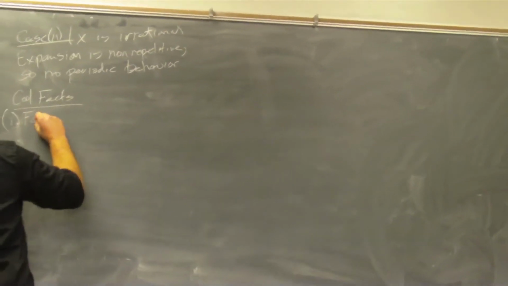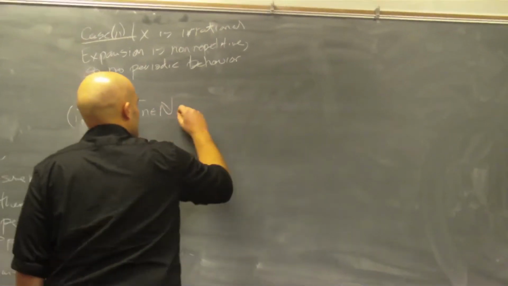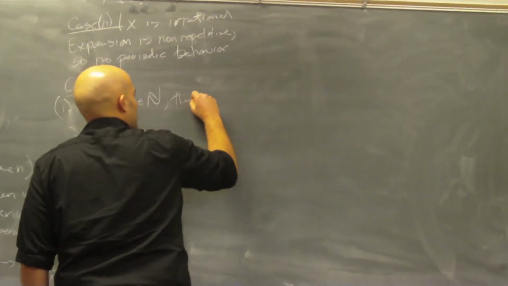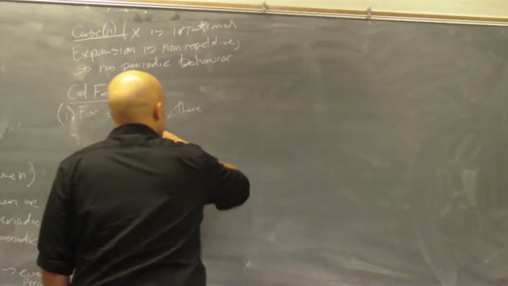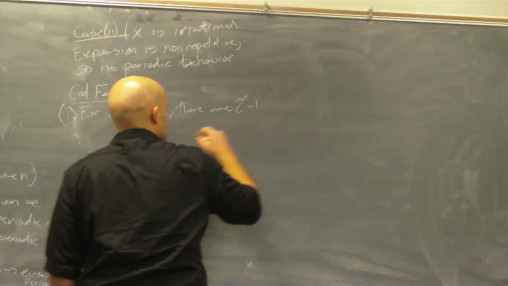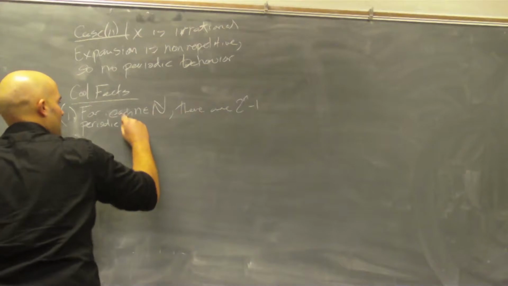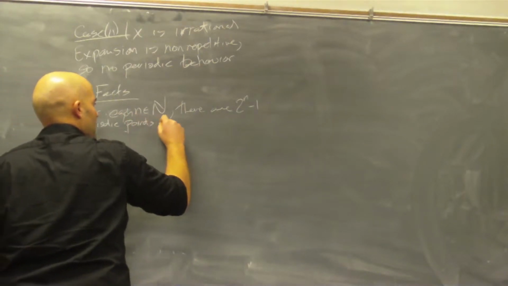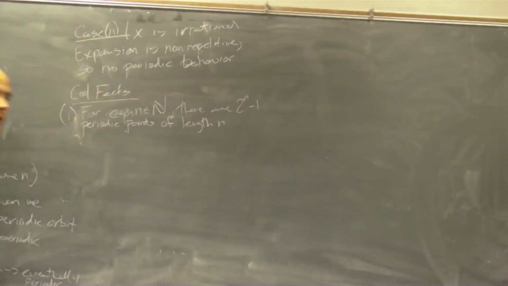And in fact, for any positive n, there are 2 to the n minus 1 periodic points of length n.